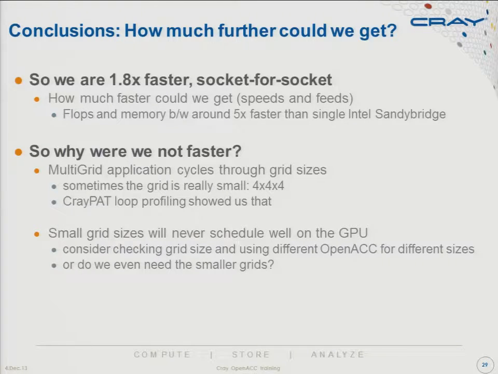CrayPat profiling told us we had these small grids. So what should we do? Well, it's an architecture thing, and maybe is multigrid the best algorithm on a GPU? Don't know. If multigrid is the good algorithm, do you really want to cycle down to size 4 cubed? Maybe you should have gone from 256 down to 64 cubed and not done the other parts of the multigrid.